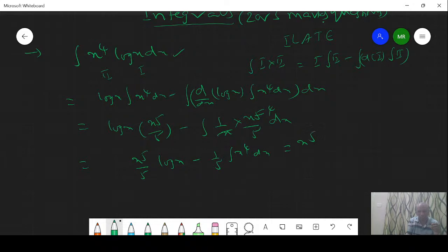So this will be x power 5 by 5 log x minus 1 by 5 into x power 5 by 5, plus c. Taking x power 5 by 5 common and simplifying, you will get x power 5 by 5 into log x minus 1 by 5, plus c. That will be the answer here. You can go through the answer and verify it. That is how you do this problem: x power 5 by 5 into log x minus 1 by 5, plus c.